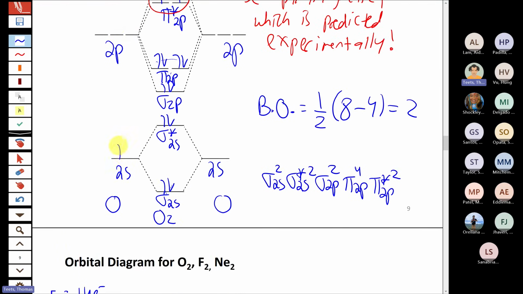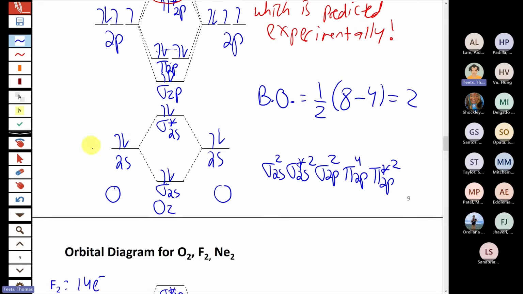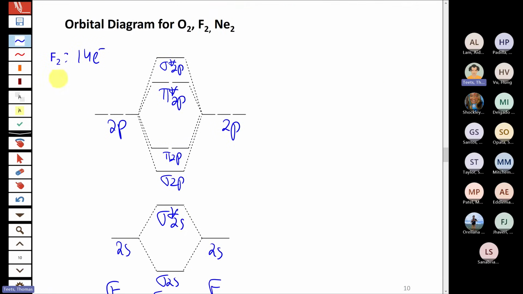If you were wondering why I didn't, I just forgot. Again, that's the atomic configuration for each oxygen atom. You don't have to include that at all, but that's what it will be if you wanted to include the atomic configuration. Again, what we care about the most is the middle part of the diagram. For fluorine, it's 2s2, 2p5 atomic configuration, which you don't need to worry about as long as you have the correct number of electrons. But that's what the atomic configurations look like as a review.